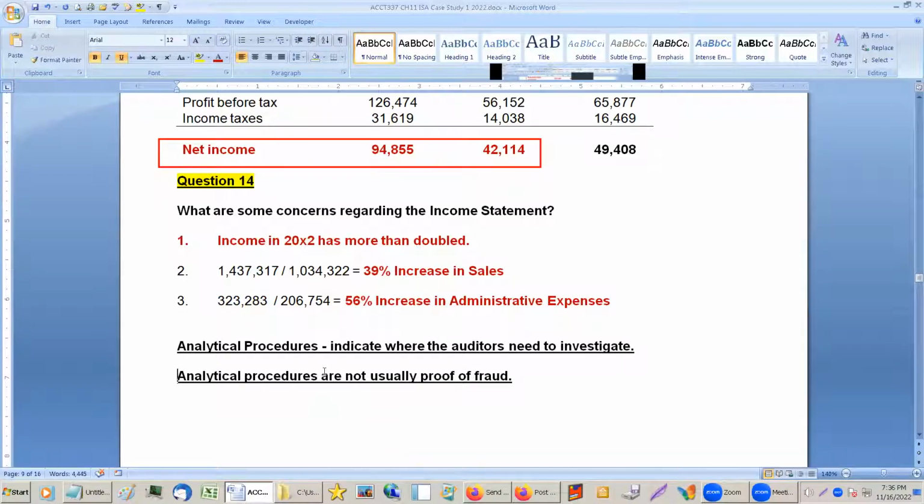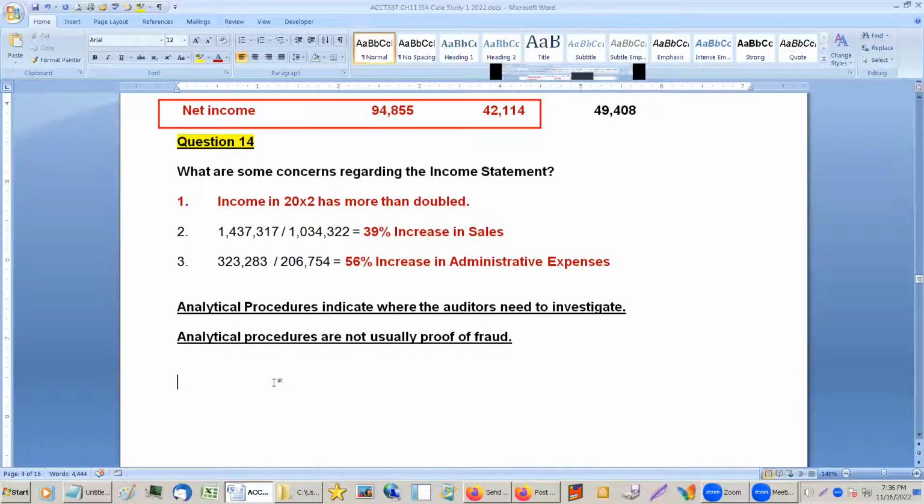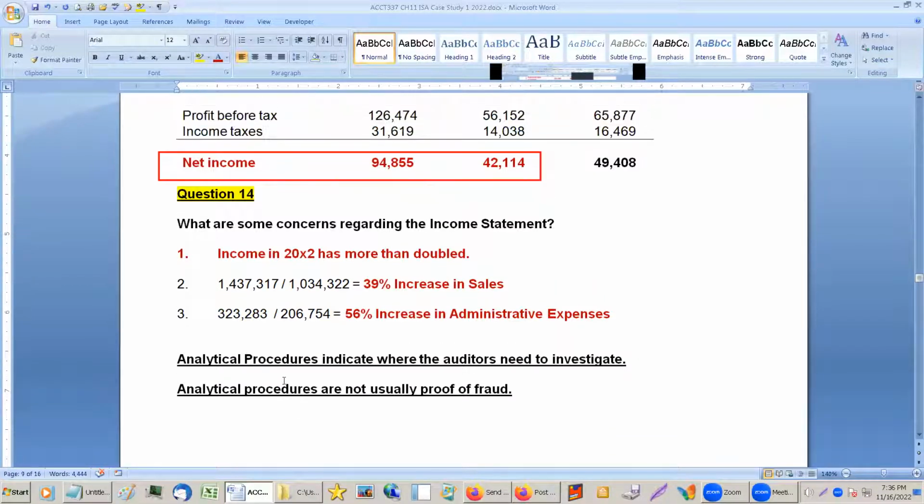So analytical procedures indicate where to look, but they're not, in and of themselves, proof of fraud. They just tell you where to look.